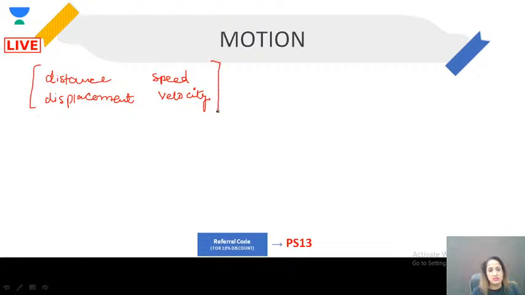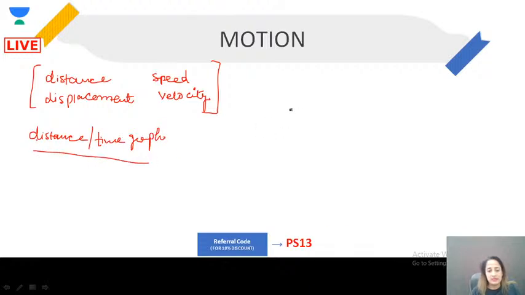All these things you understand, right? So from here, as this lecture is all about understanding the motion equations, first of all we will start with a distance time graph.